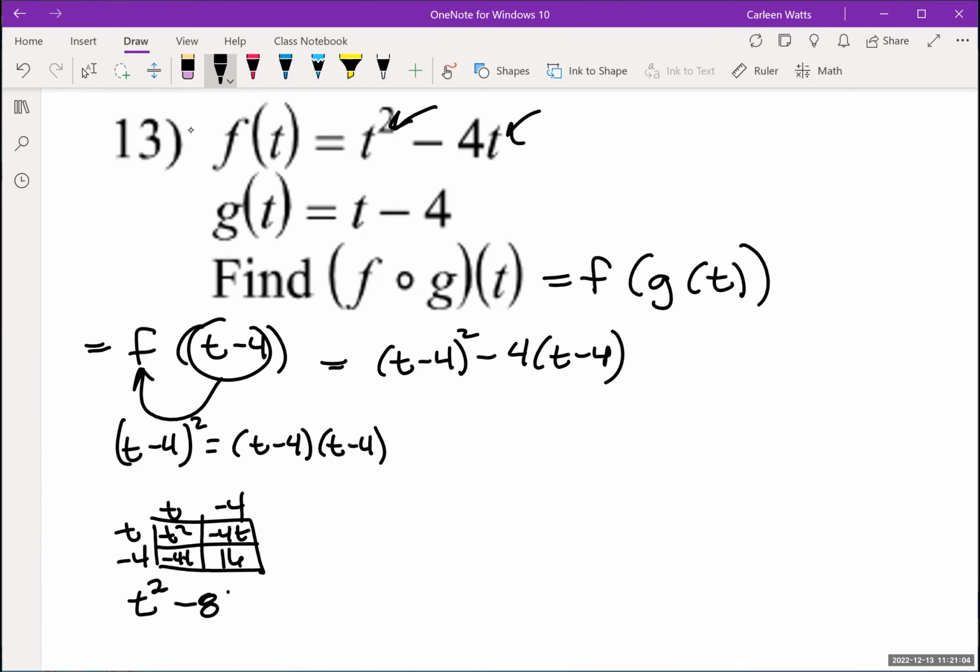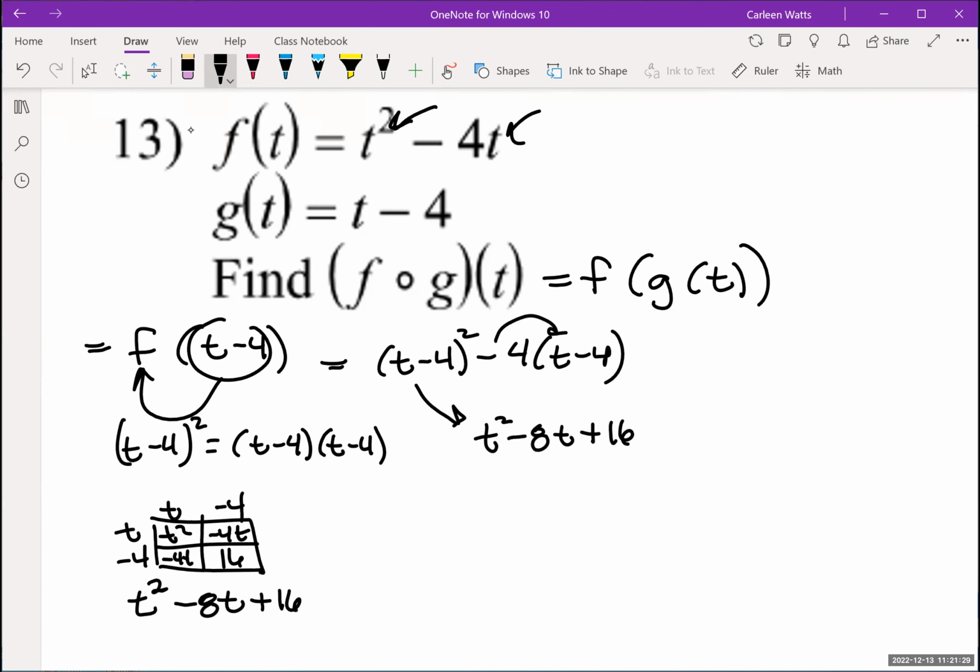Minus 8t plus 16. So this equals t squared minus 8t plus 16.